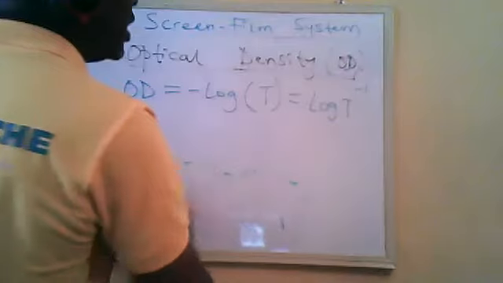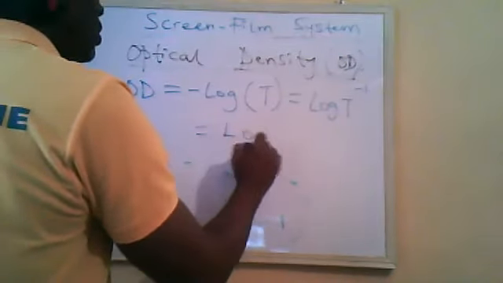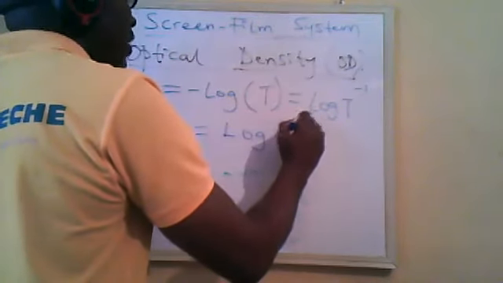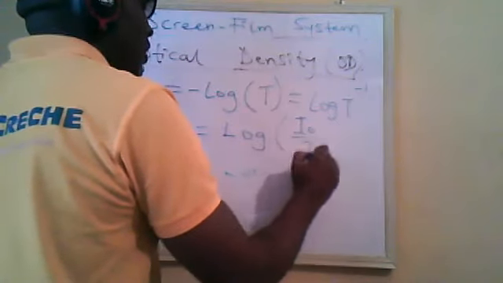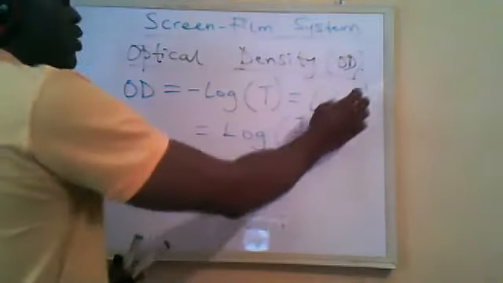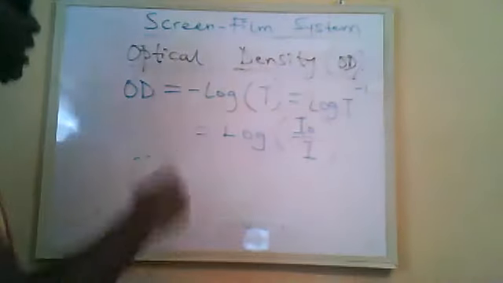At the end of the day, you can have that as log, instead of I over I naught, I'm going to have I naught over I. The same thing, the inverse of the transmittance. So optical density is actually this.